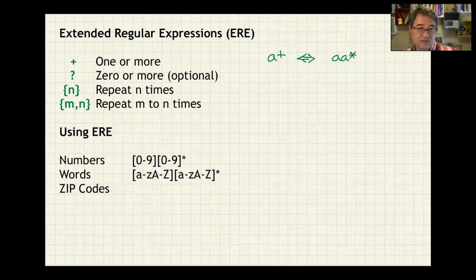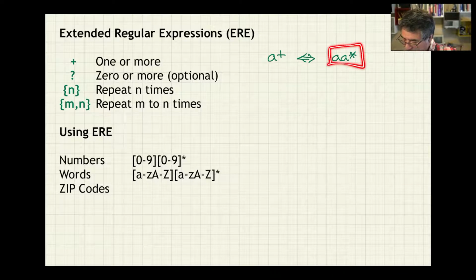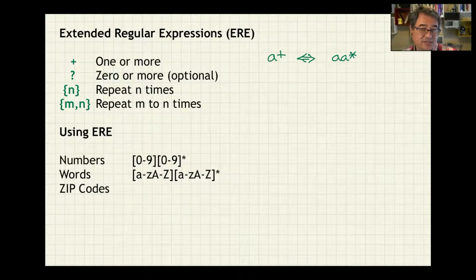So plus just means 1 or more, but you can break it down into a basic regular expression just by repeating that symbol. So an a followed by 0 or more a's is the same as 1 or more a's.